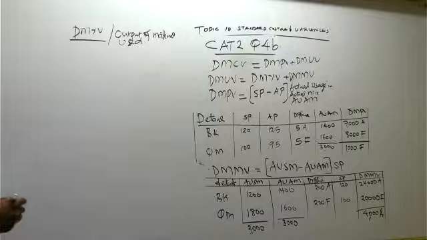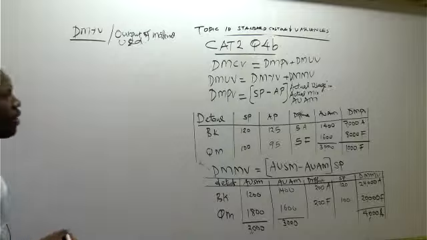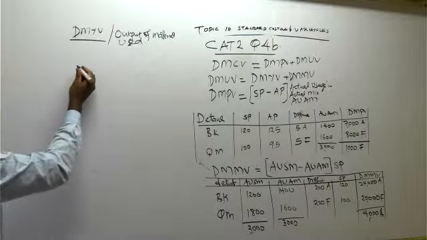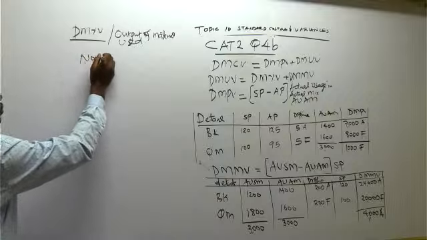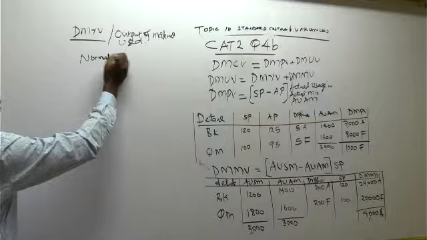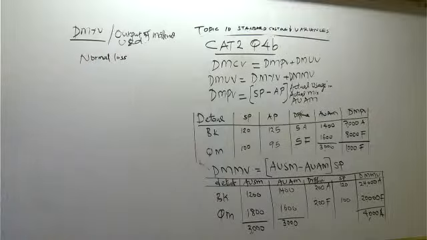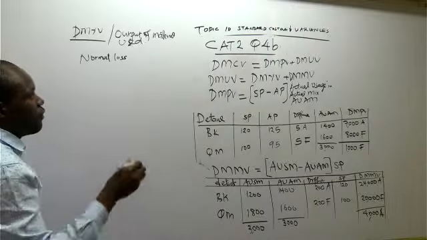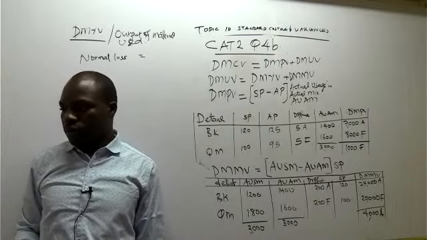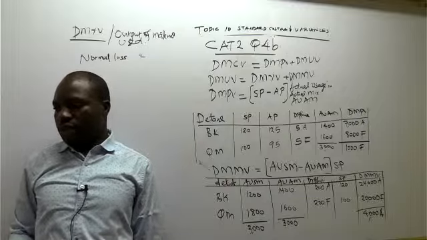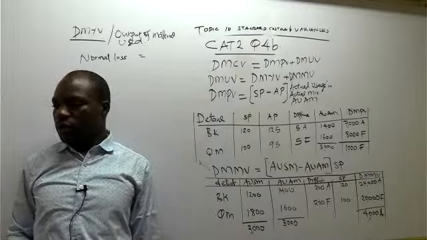How efficient is the company in terms of utilizing the raw material? Were they able to maximize? Were they able to minimize the wastage? So, number one, we'll be able to see we have a normal loss of what percent? They normally allow, if they bring a given quantity of raw material, they expect a normal loss of what percent?